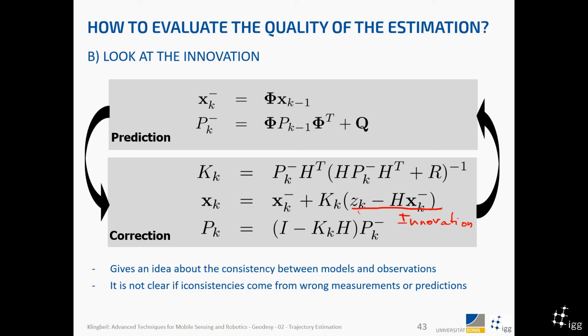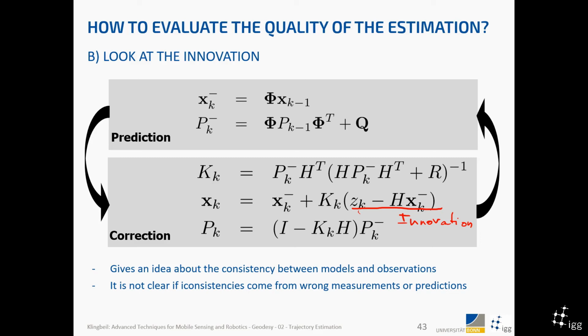And this is a good hint. If these values are always crazy high, then probably something's wrong with your prediction. Then your prediction is usually wrong. However, it is not clear if this distance comes from wrong measurements or wrong predictions.